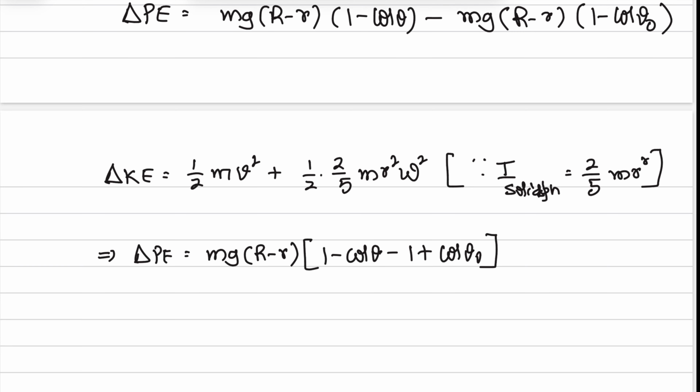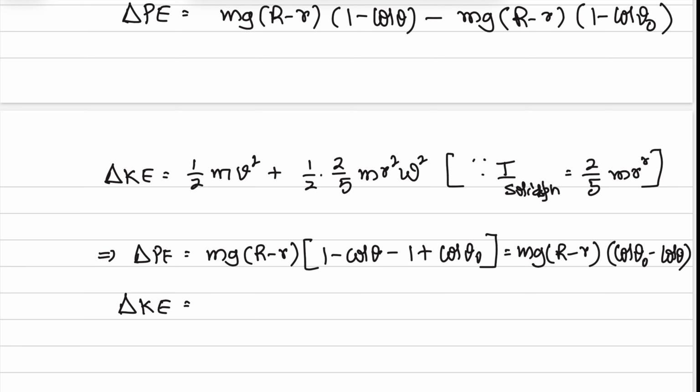And what will be the change in kinetic energy? Here we are only writing the changes. Don't worry about plus minus. Mg into R minus r into cos theta naught minus cos theta. If cos theta naught is greater than cos theta, then it will be positive.